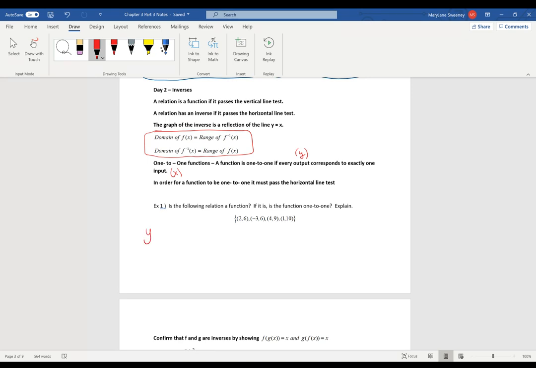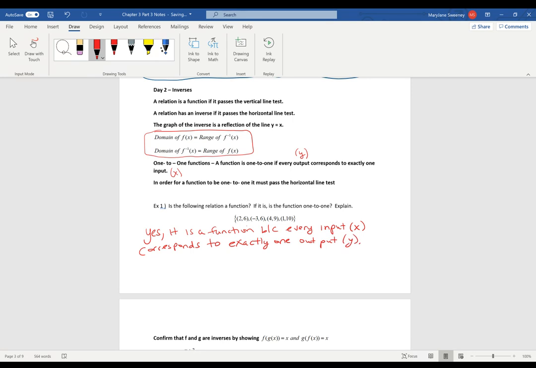So the way we're going to say that is, yes, it is a function because every input, or x, corresponds to exactly one output, or y value.